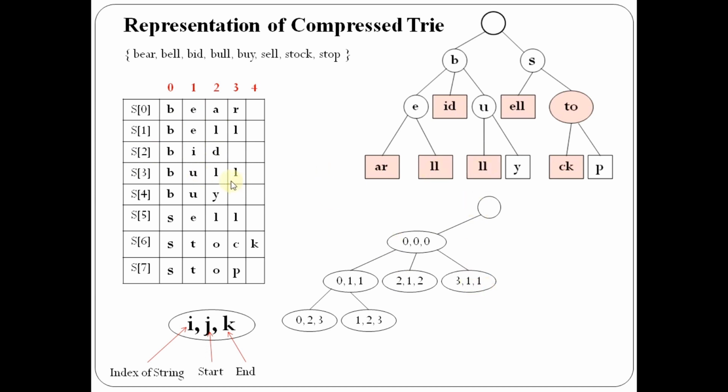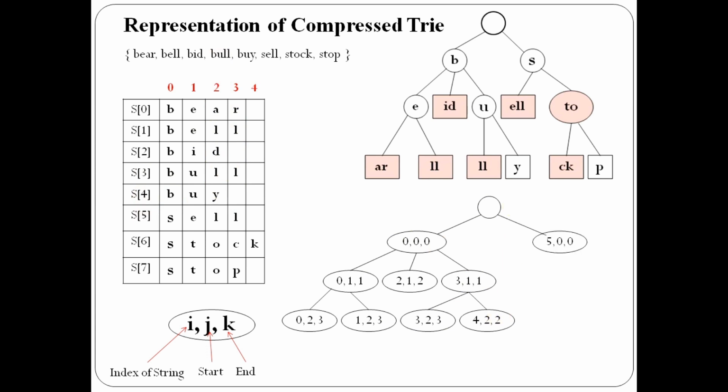For LL, here the index is 3, starting position is 2, and ending position is 3, so 3, 2, 3. And then for Y, it appeared in the 4th string and starts with 2, ends with 2. So we will get 4, 2, 2.